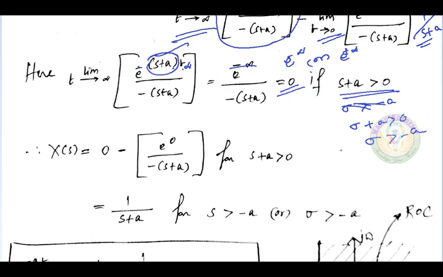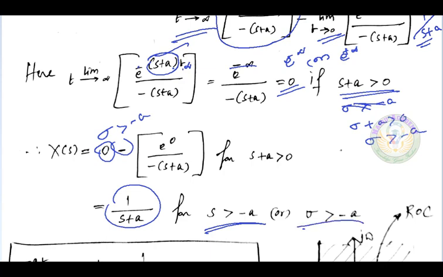Naturally this term is 0 when sigma is greater than minus a. Then e power 0 is 1. So 1 divided by minus s plus a. Here already you have minus, so that will give you 1 divided by s plus a. The region of convergence is sigma greater than minus a.